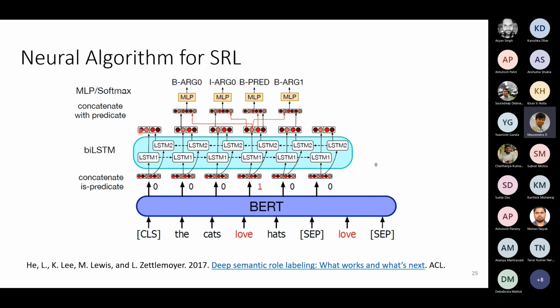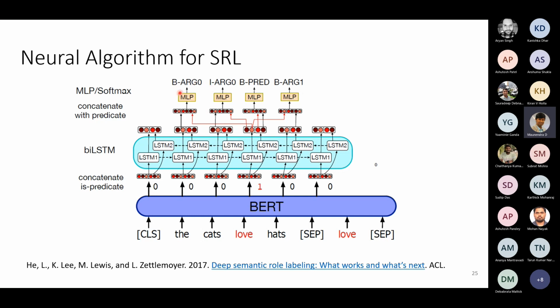Then they concatenate the signals that they're getting from the BiLSTM with the signals from BERT, and now they want to assign the labels. Since it's a sequence labeling task, BIO encoding is used here also.